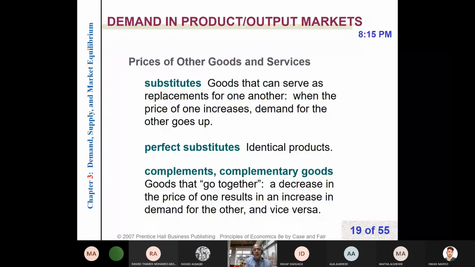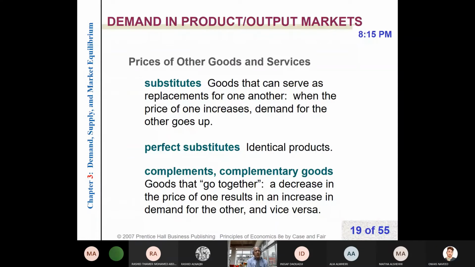What will happen to demand for tea if the price of sugar decreases? There will be more demand for tea because they go together. Well done.